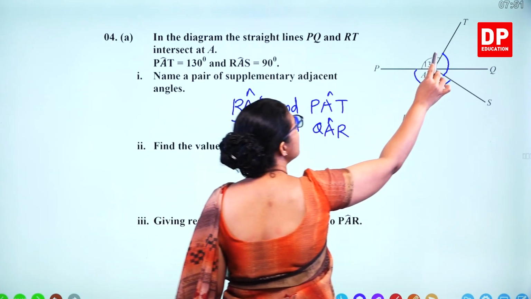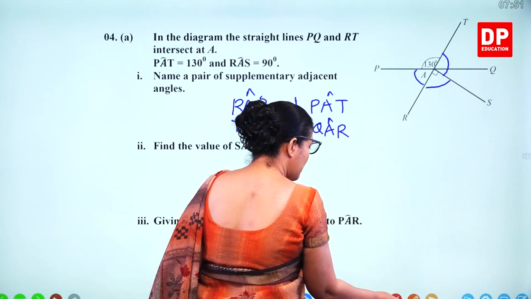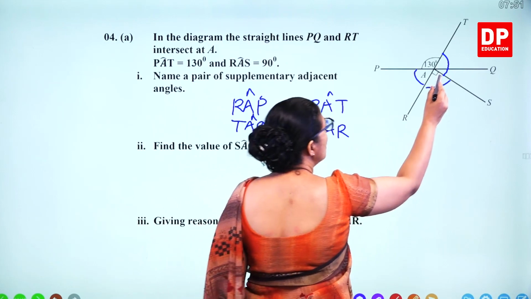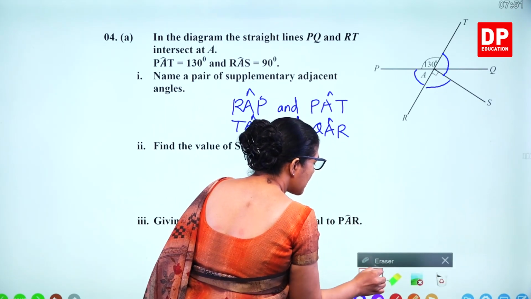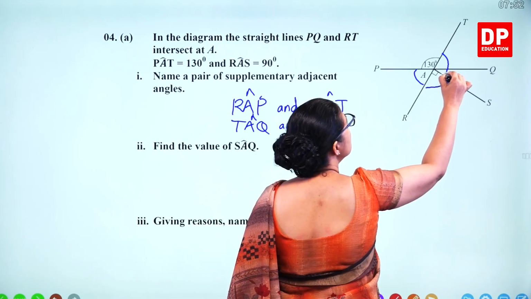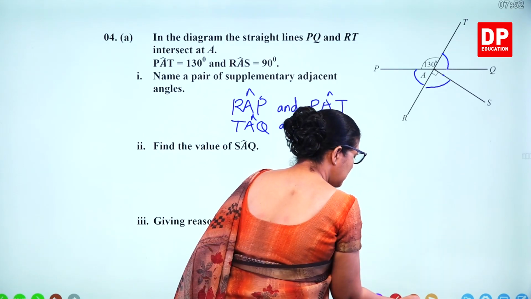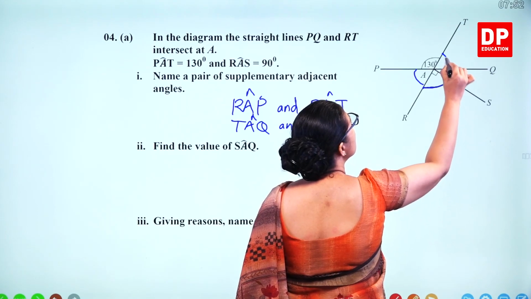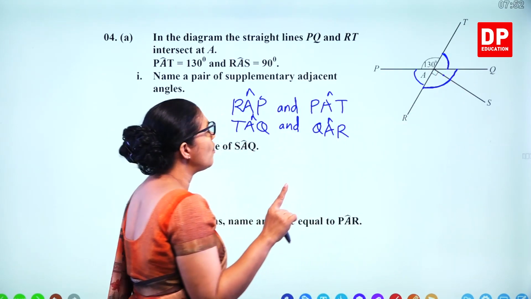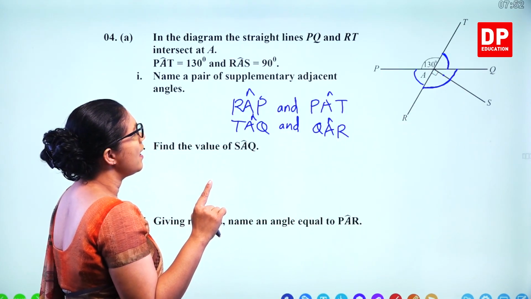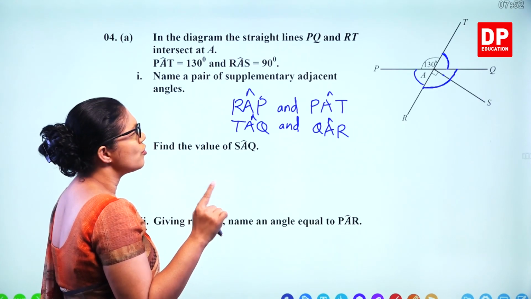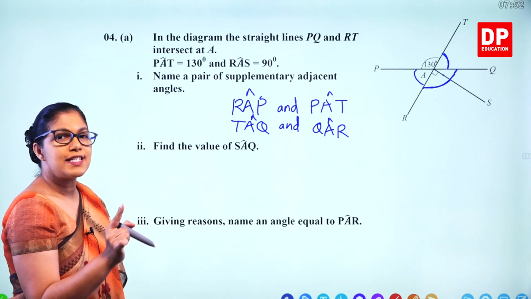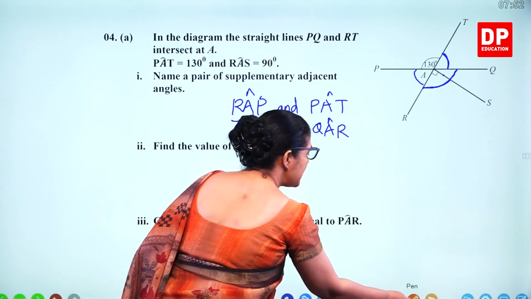So this and TAQ, not that one. So we took TAQ. I'll erase. So this angle and this angle, I took TAQ and QAR. So you can take any two angles, but that should be 180. Supplementary means 180.